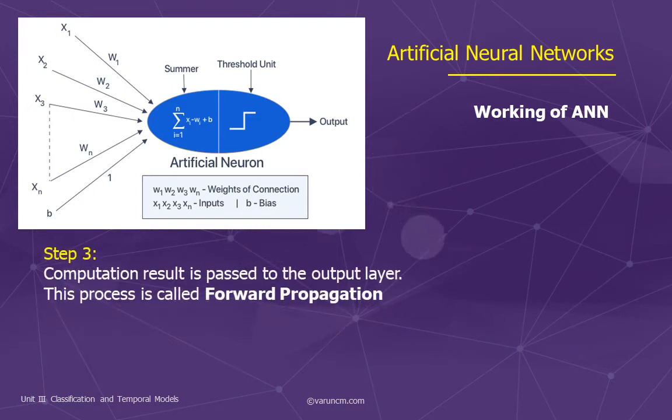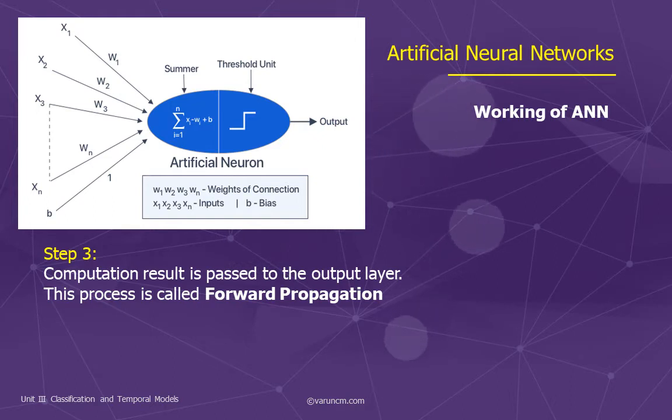The third step is the computation of the result, which is passed to the output. We have calculated the summer unit and applied the activation function, and now we are going to display the computation results to the outside world.